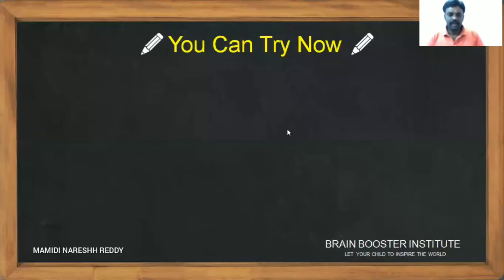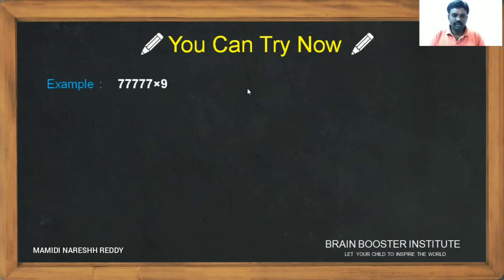You can try now. I am giving two problems to you. You can type and write your answers in the comment box. See the first example: 77,777, just multiply with 9. The next example is 10,54,989 into 9.